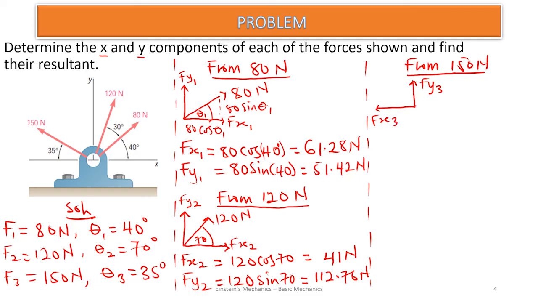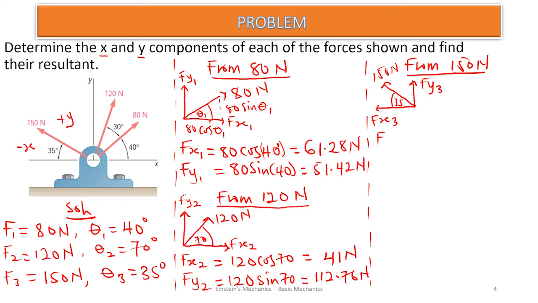And this is the 150 Newton force. It makes an angle of 35 with the x. Remember, now this 150, it is in the negative direction of the x, but in the positive direction of the y.